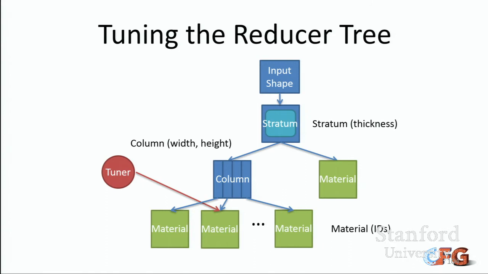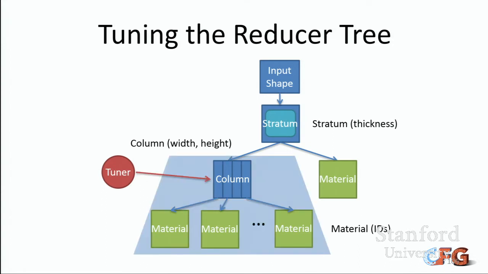So we can attach these tuners to any of the nodes in the tree, and then this tuner node is responsible for tuning material parameters within the material node. We can also attach the tuners to internal nodes in the tree. In this case, the tuner is responsible for optimizing the whole material assignment and the whole material parameters within the whole subtree.